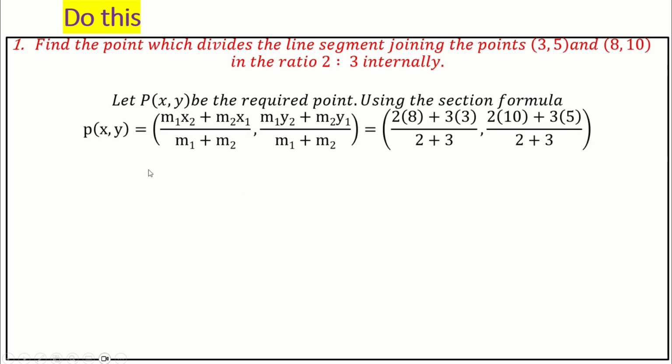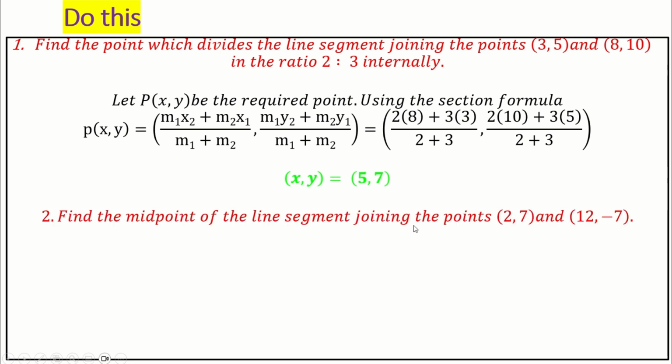This is the template you will follow: first you write the formula and then substitute the values. M1 is 2, M2 is 3, and x1 is 3, x2 is 8. They will be in reverse order like this. Similarly y2, y1. Now if you substitute, the value you will get is (5, 7).